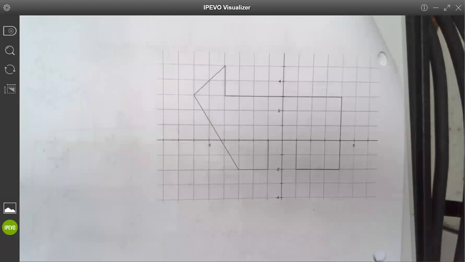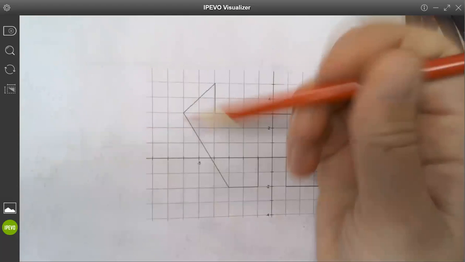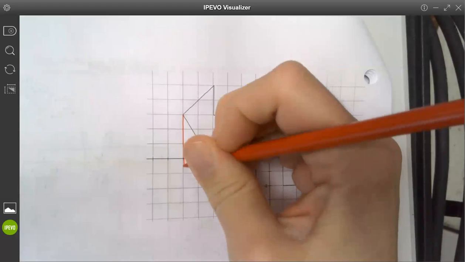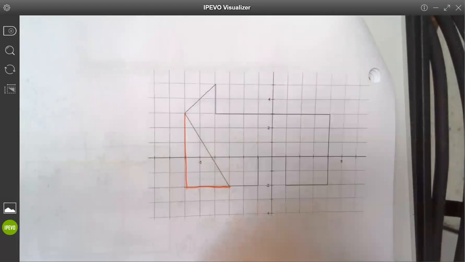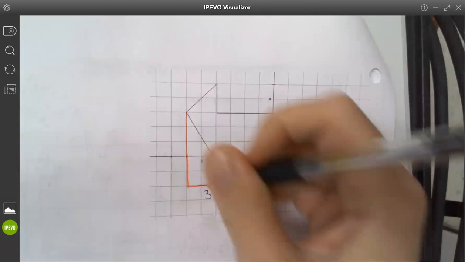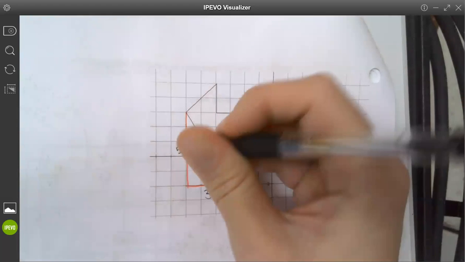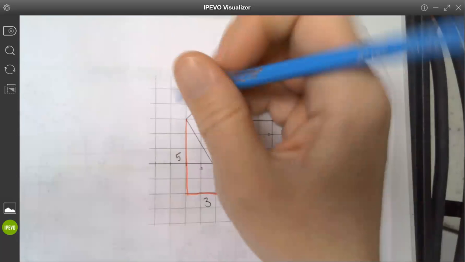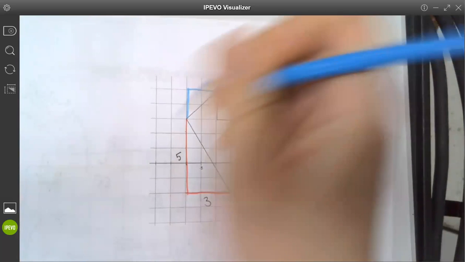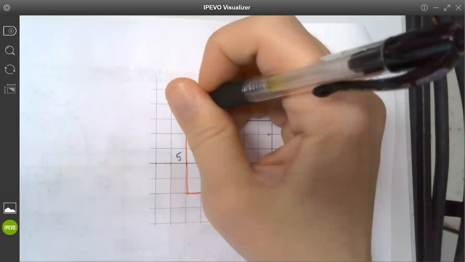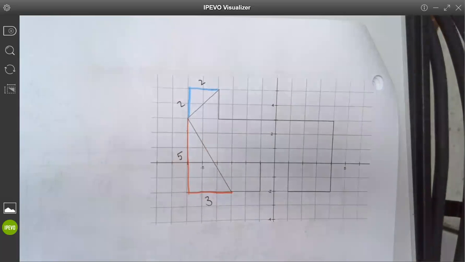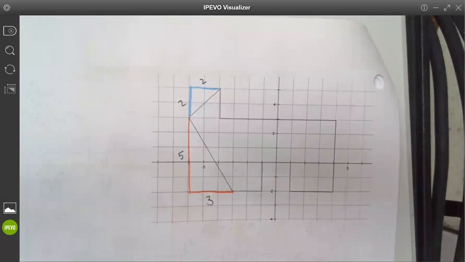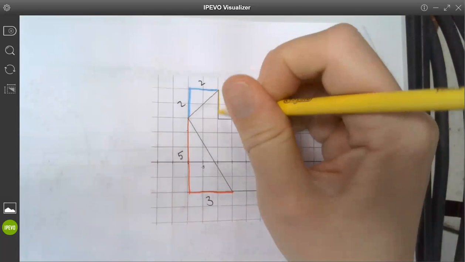How would we box it in? I'm going to do a triangle here, which is 3 and 5. Triangle here. 2 and 2. What else do I need? Top is going to be, I'm using all my colored pencils in here, a rectangle up here.